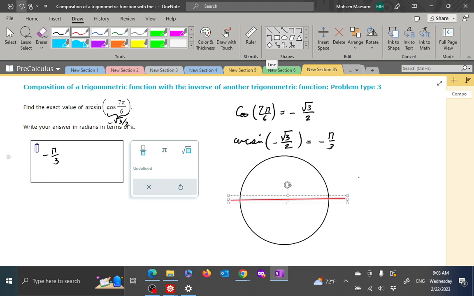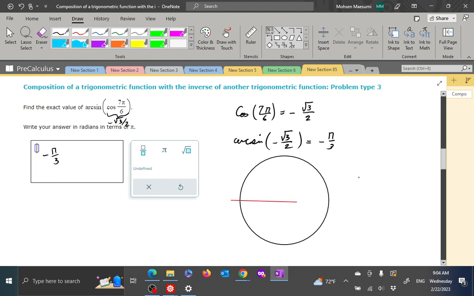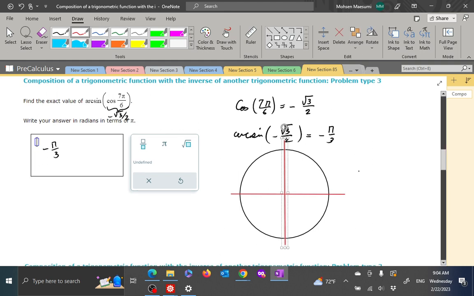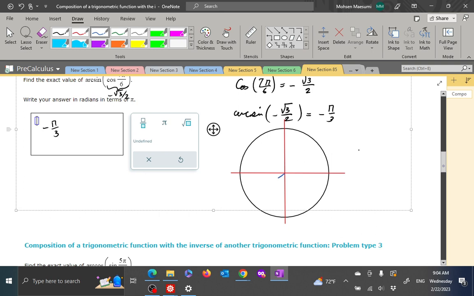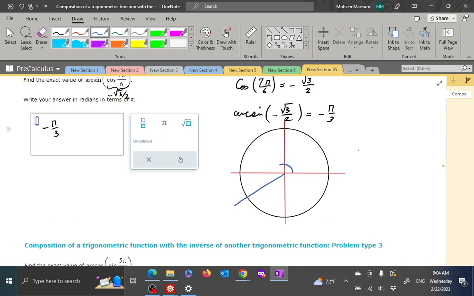Well, I guess it needs a steady hand, and I don't have one. 7 pi over 6, slightly past pi. So this is the angle 7 pi over 6.